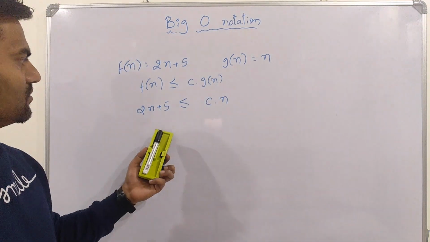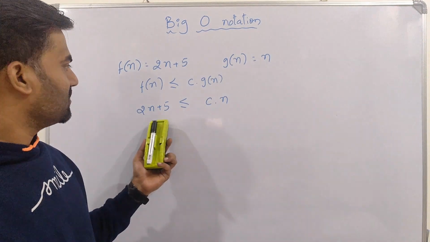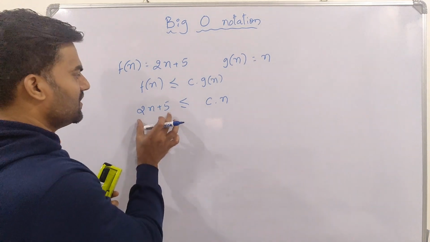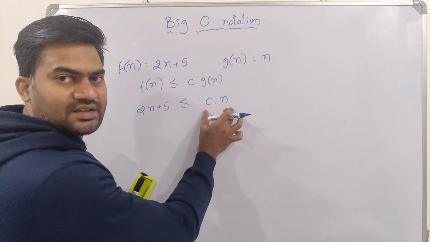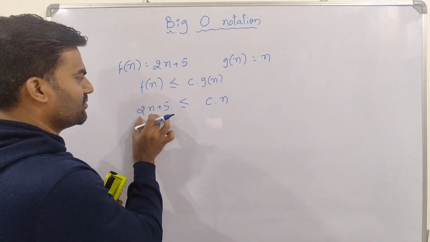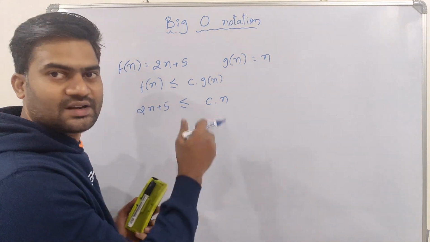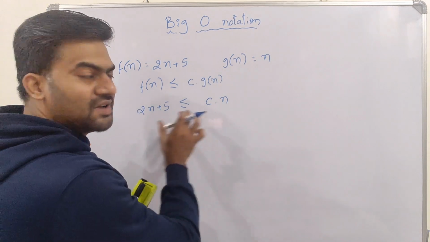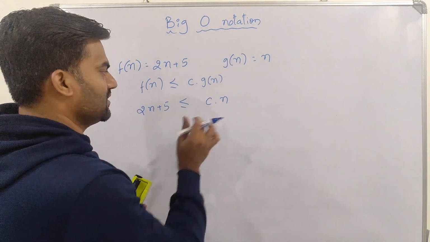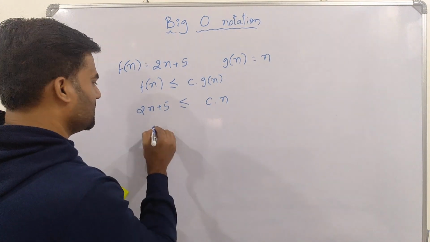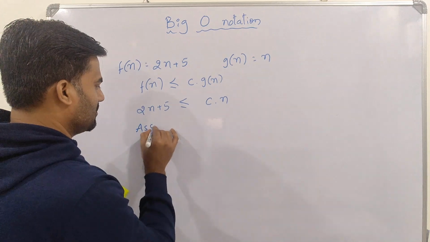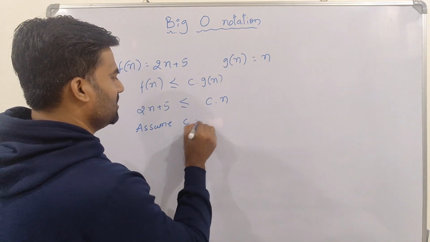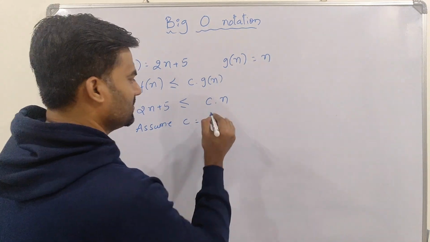If you look at these two functions, the max term is 2n. If c is greater than 2, then automatically this term will become less than or equal to the other. So I will assume c to be 3.